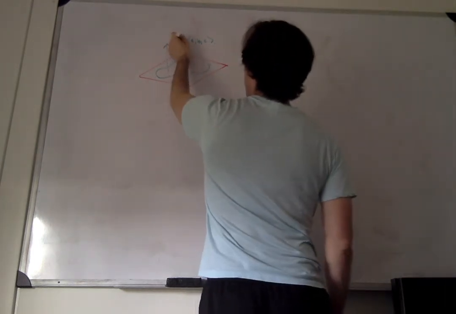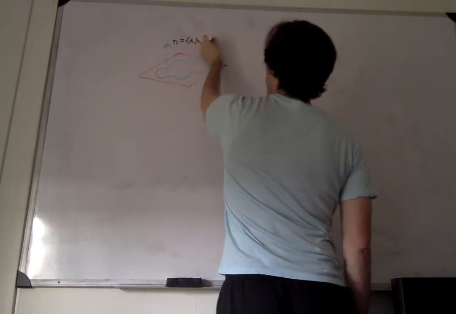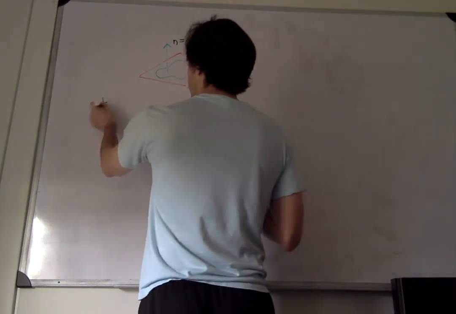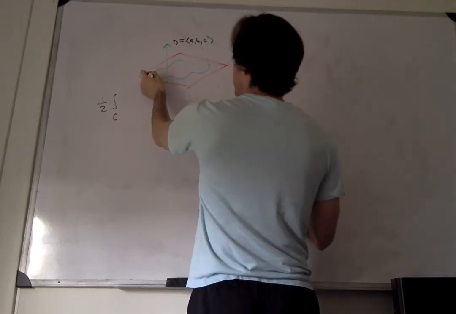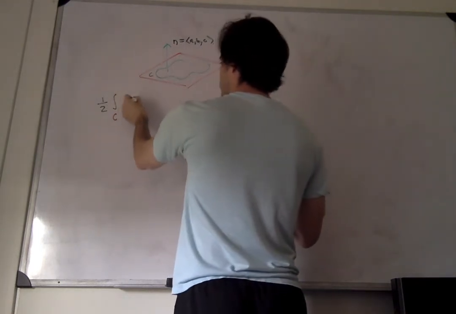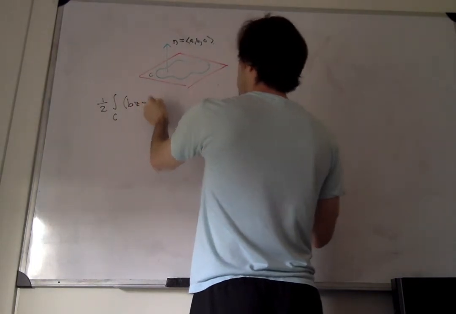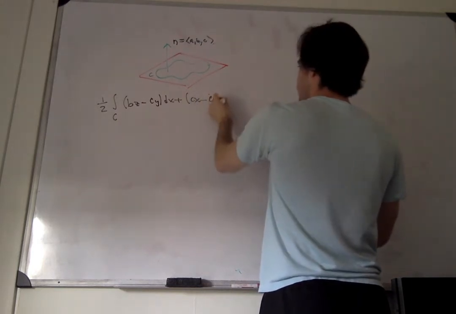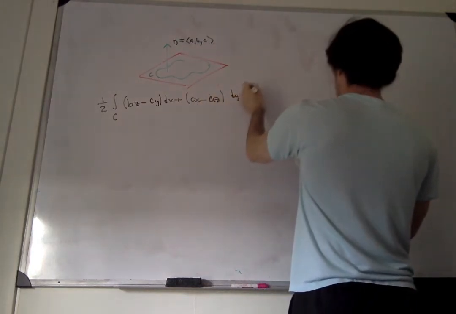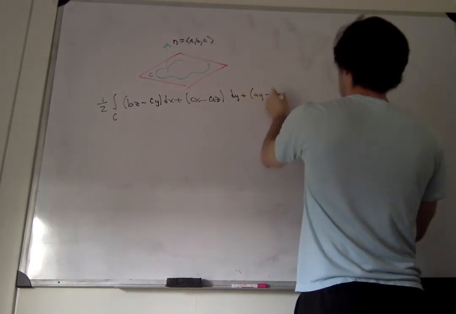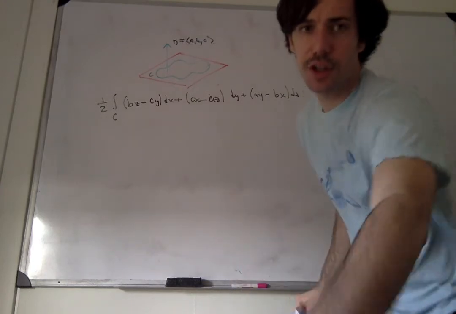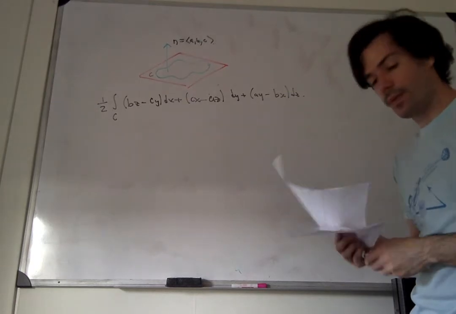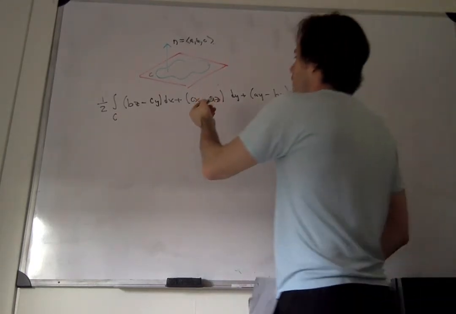You have n equals A, B, C. What we want to show is that one half of the integral over curve C of (bz minus cy) dx plus (cx minus az) dy plus (ay minus bx) dz is equal to the area inside this curve.